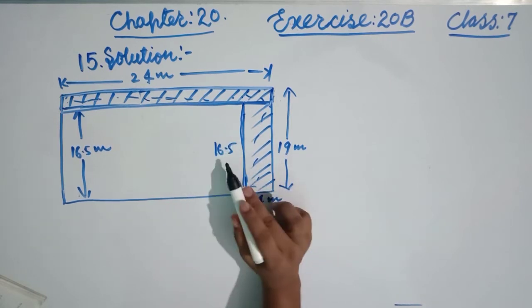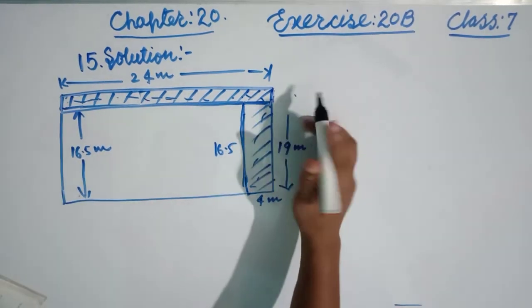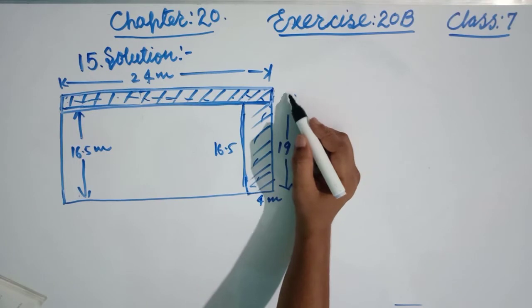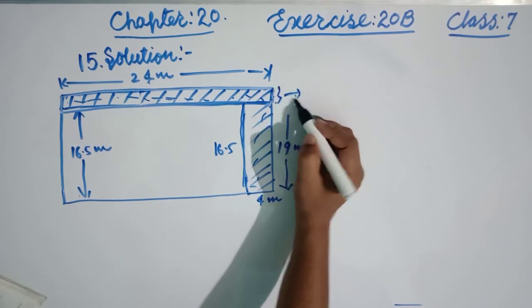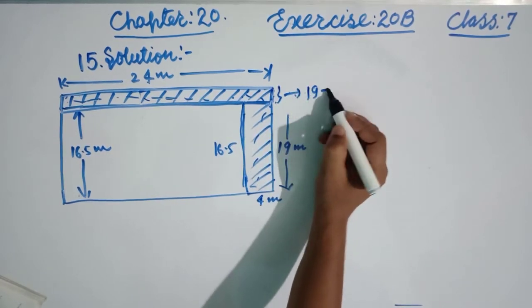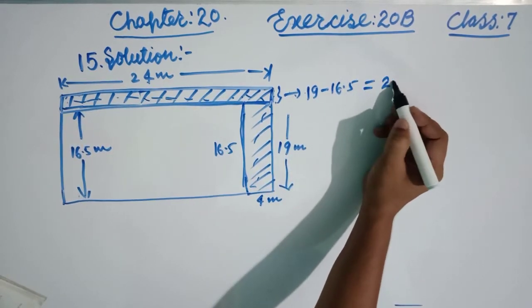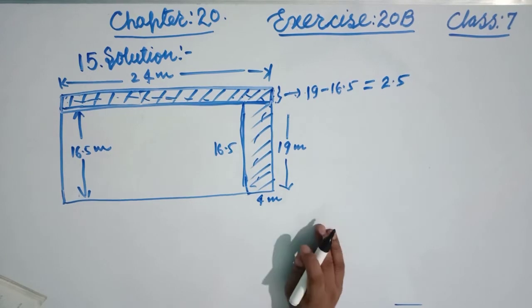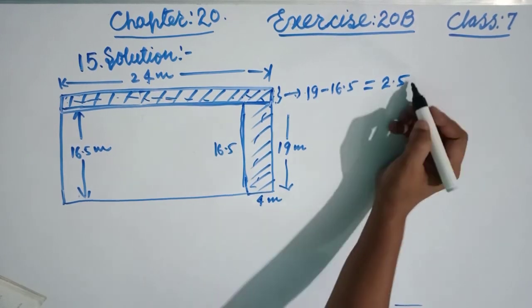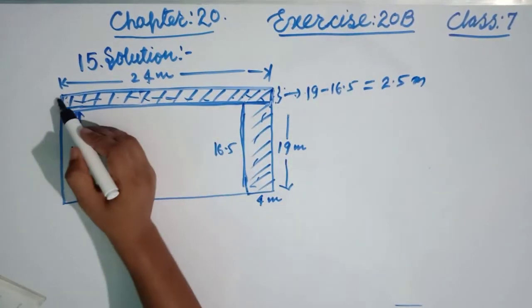If we subtract 16.5 from 19, then we will get this length. So this length is 19 minus 16.5, that is 2.5 meter. This length is 2.5, this is also 2.5.